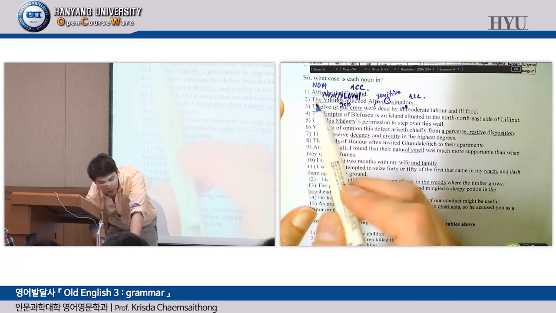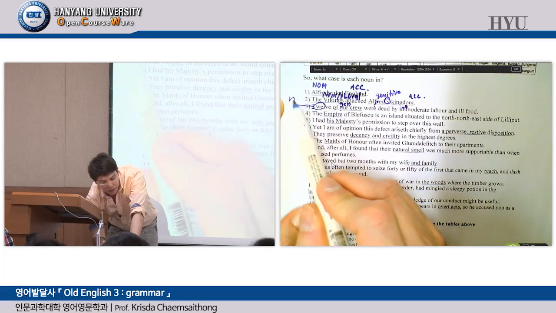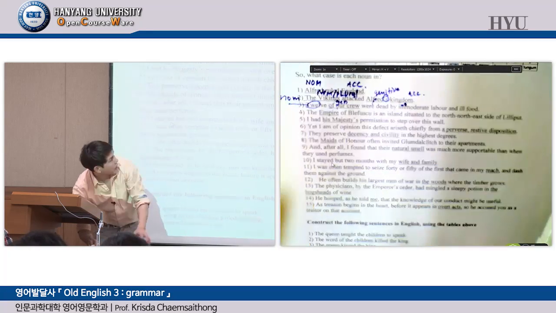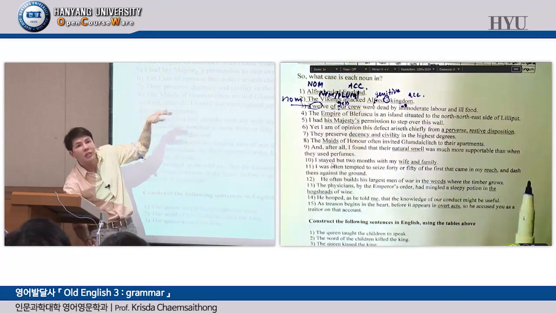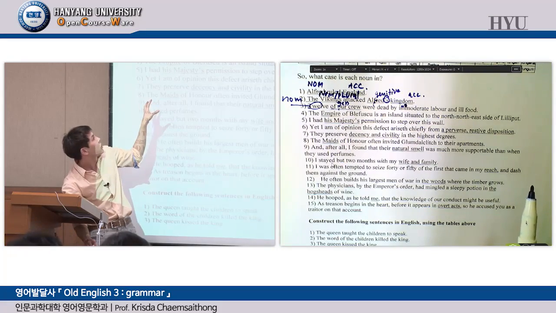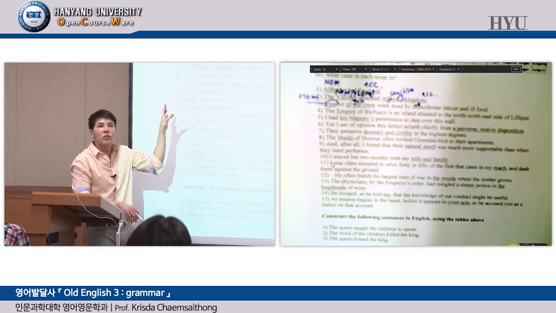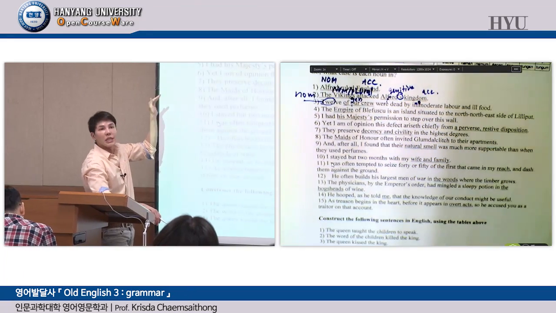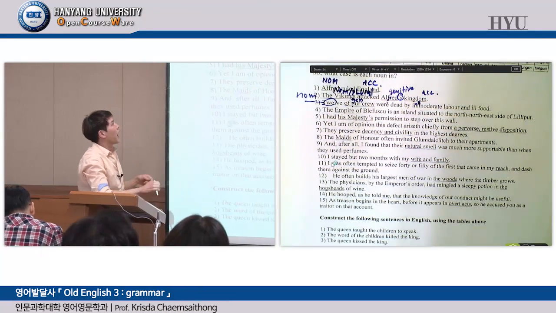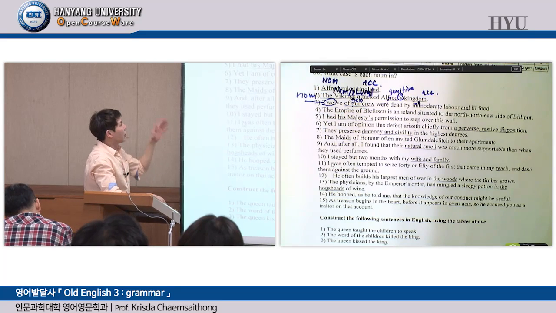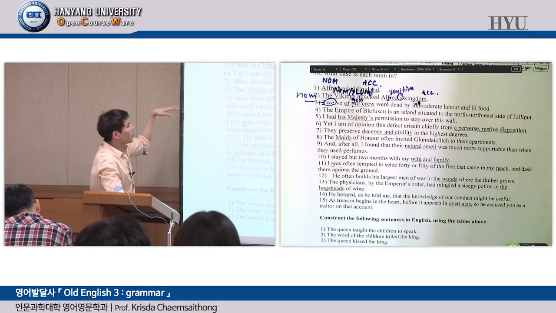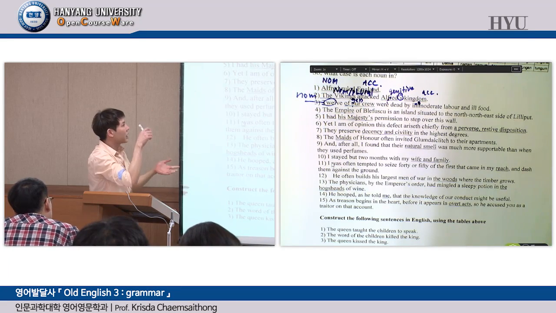Twelve is just nominative, because it's twelve were dead. Twelve is the subject. So twelve is nominative, but the word crew in of the crew has to be in the genitive case. Now I'll walk around and help you if you have questions. I'll give you about maybe 5 minutes to mark these cases.